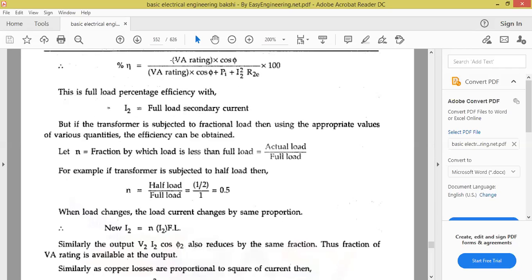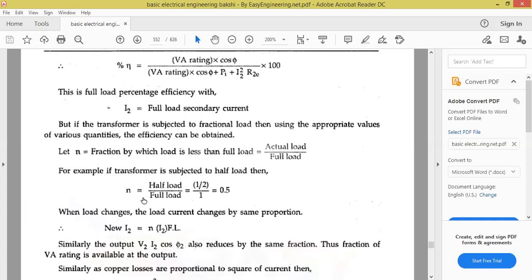So the efficiency formula changes with the load. In the books, they will give you full load. Calculate the efficiency at full load means this formula you are going to write. And to calculate the efficiency at off load, we use one fraction n. n is equal to actual load by full load. So if I am saying 50% of the load is used, 50% means 1 by 2, so 1 by 2 by 1.